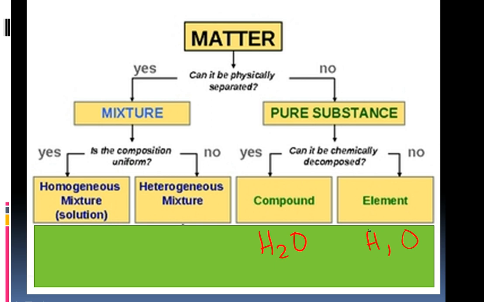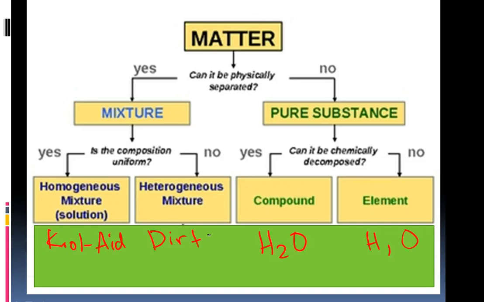Then we also have our homogeneous mixtures, like a solution. And they look the same throughout. A good example here would be like Kool-Aid. Or a heterogeneous mixture, something maybe like dirt, where all dirt particles don't look the same, they look all different throughout. So we've got our mixtures and our pure substances, elements, and compounds.